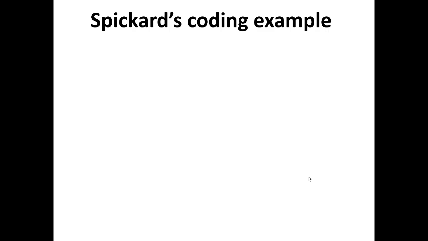In Chapter 6, Spickard provides an example of coding, and in this example, he is talking about a study from organizational studies. Those organizational studies departments are often found in business schools, but they usually combine psychology, sociology and perhaps economics, mainly sociology and psychology, to understand how organizations perform in the real world.